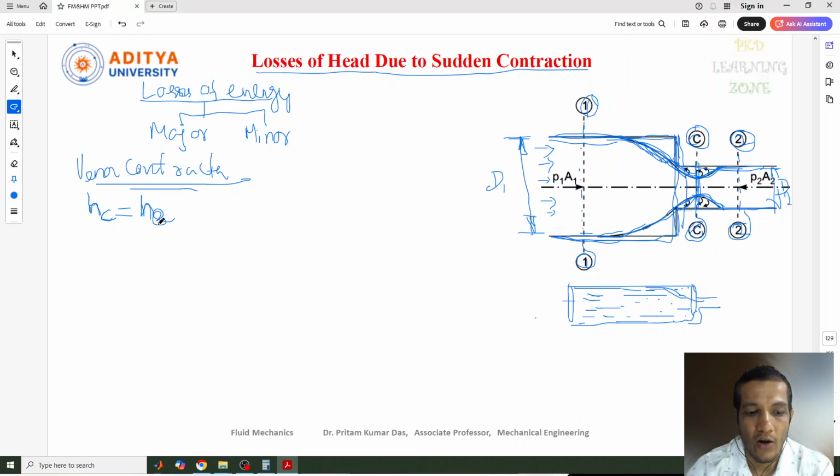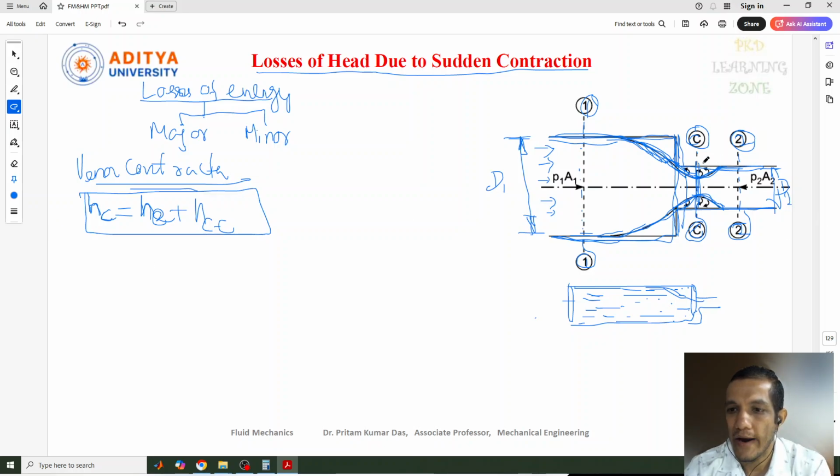You can also write that the head loss due to sudden contraction is equal to the head loss due to enlargement plus the head loss up to the vena contracta. To find this value, we need to go to our previous derivations, where we derived the head loss due to sudden enlargement.